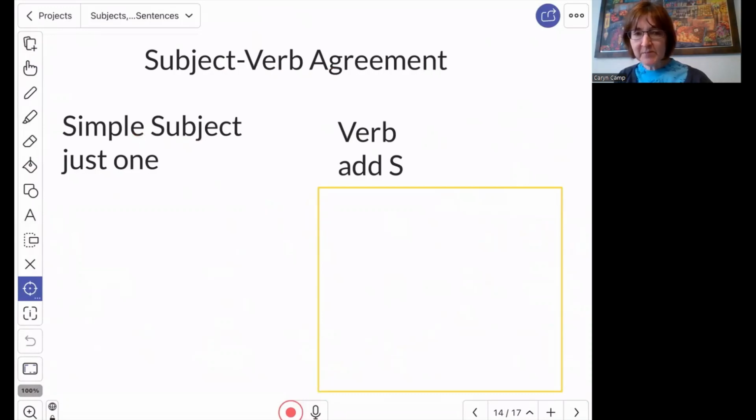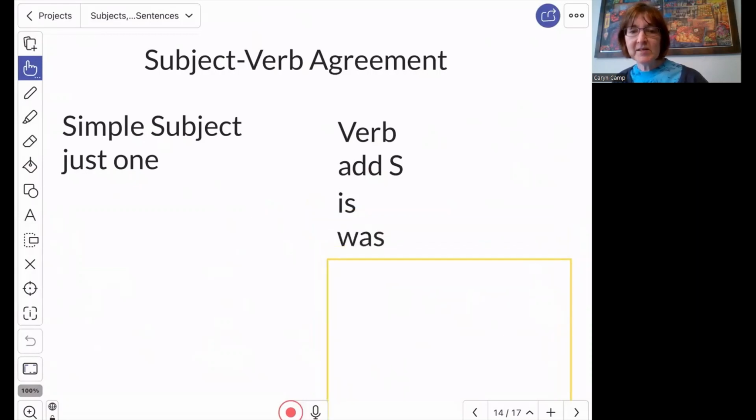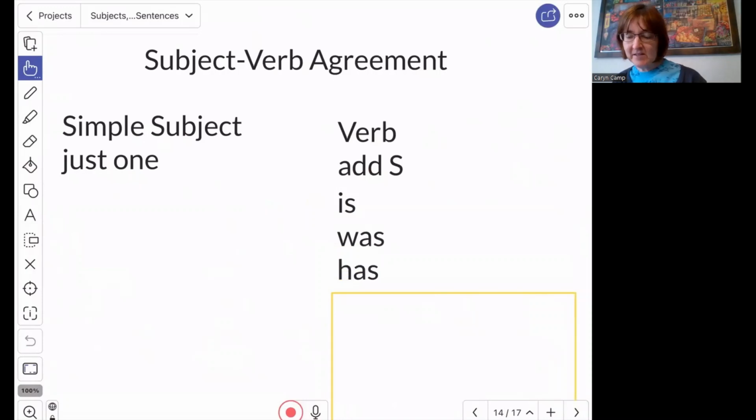If our simple subject is just one, we're going to add an S to the end of the verb if we're talking about present tense. So some examples you can see with is, there's an S already on the end. With was, there's an S already on the end. Has, already has an S on the end. Does, we took do and added an ES and made does.